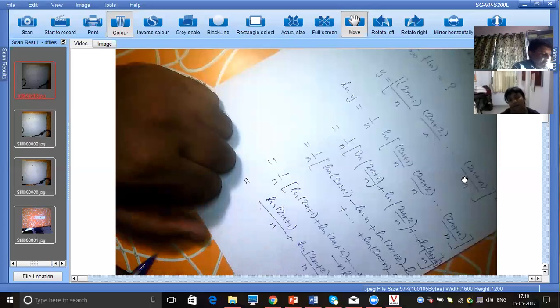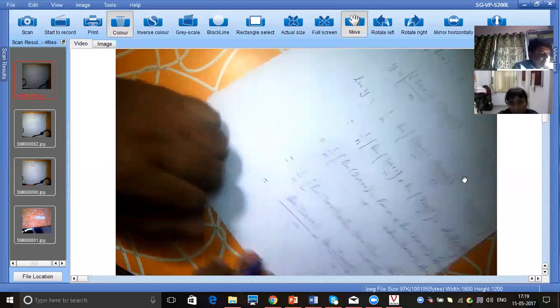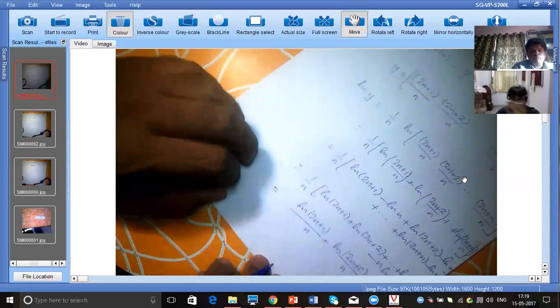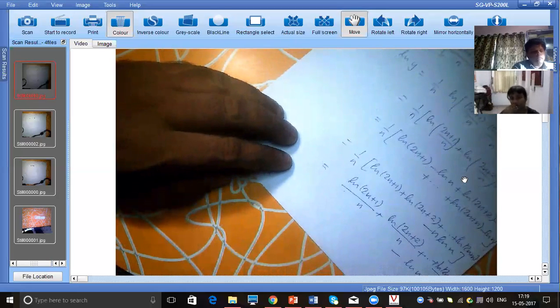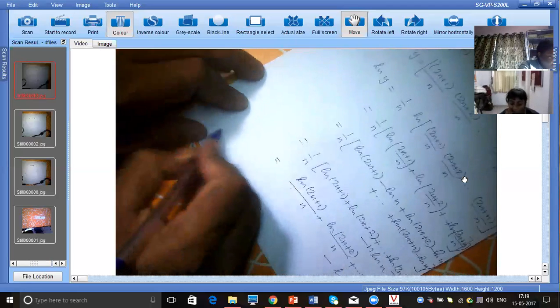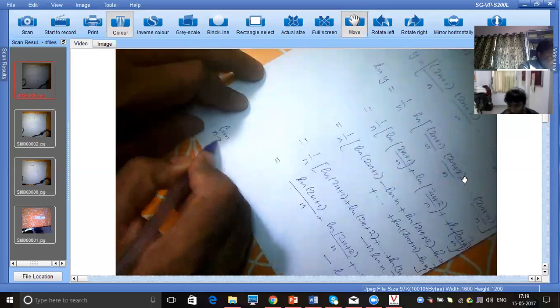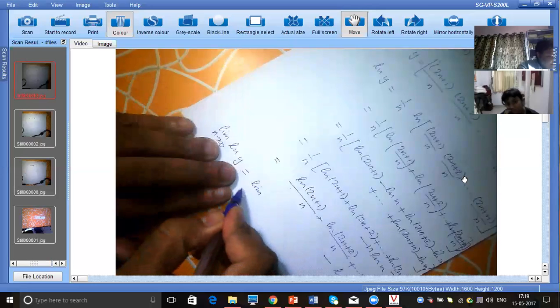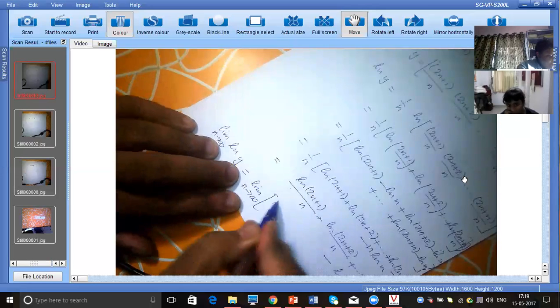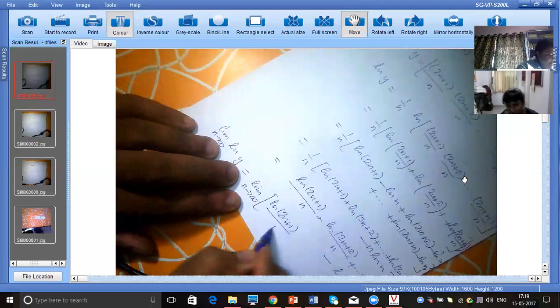Then apply L'Hopital's rule for this part. For each term except log n, you apply it for everything, and you get a harmonic progression. So you're going to say limit as n goes to infinity of log y equals limit as n goes to infinity of log of 2n plus 1 by n plus so on up to log of 2n plus n by n, minus log n.